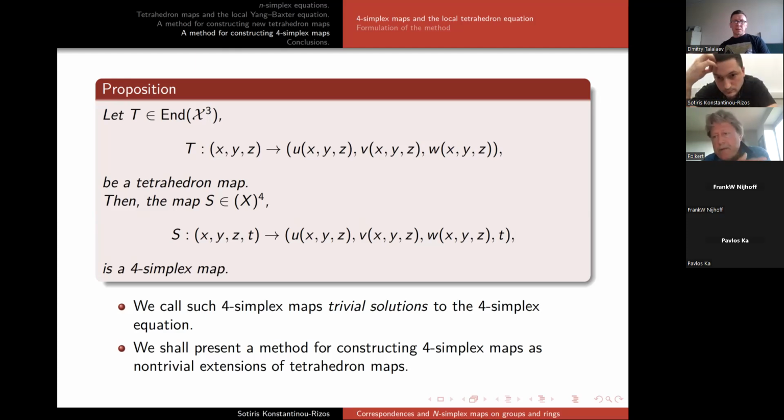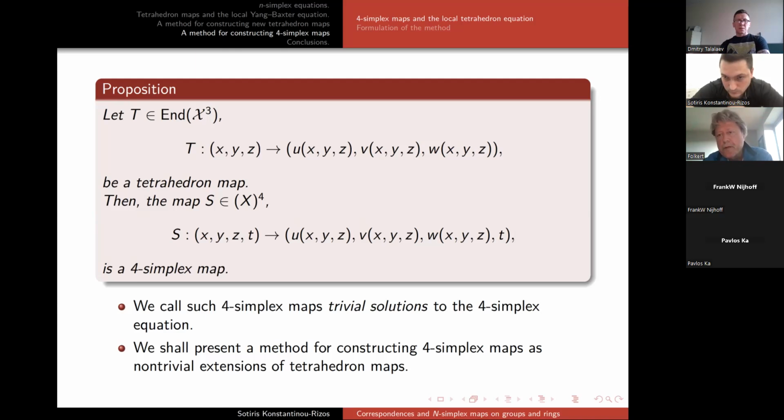Naively, you would think that there's a relation between Yang-Baxter and pentagon equation because these equations are so similar. But this is wrong. The pentagon equation is really a kind of subpart of the 4-simplex equation. And it is true on the level of the Lax representation of this equation. This is simply a kind of decomposition.